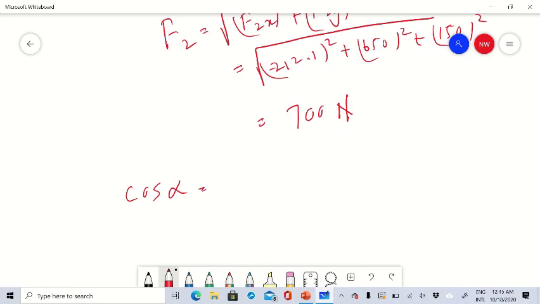According to our previous slide, cos alpha is equal to ax by a. Here F2x over F2 force, F2x is minus 212.1 divided by 700, right?